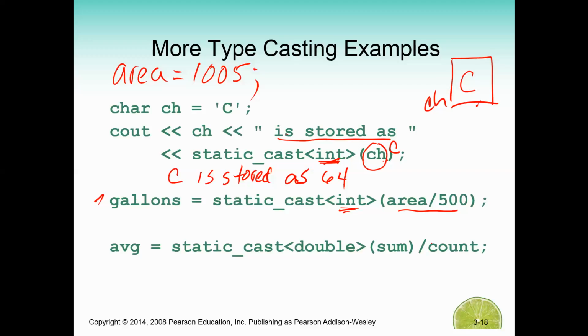So area is 1005. How many times will 500 go into it? 2 times. The remainder is going to be a 5. So 2.005 is going to be changed to an INT, so whatever we have as the decimal portion of that number is going to be truncated, and we have now a 2 because we're changing it to an INT.